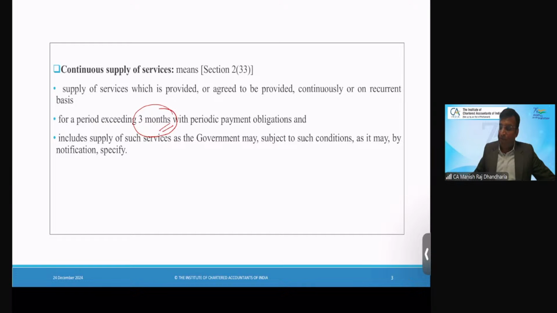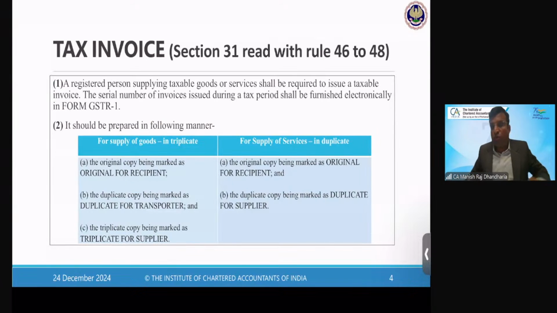Okay, so now let us move to the tax invoice. As I discussed, invoice means any document that you are giving containing the relevant particulars with respect to the goods that are being sold. But when we are talking about tax invoice, it has to be as per section 31, read with rules 46 to 48 of the Central Goods and Services Tax Act.